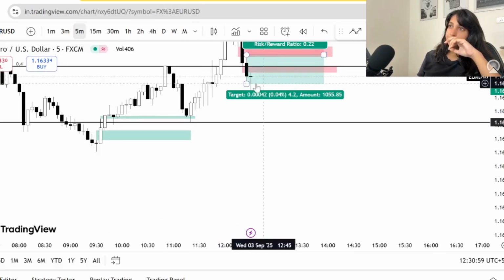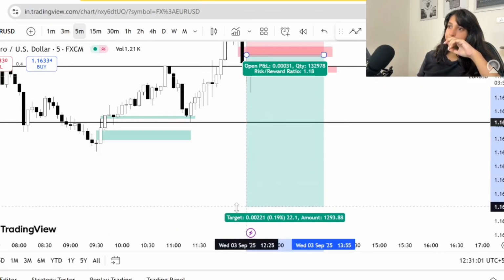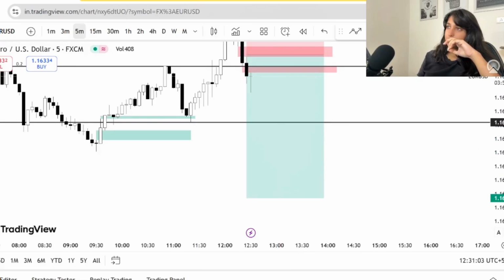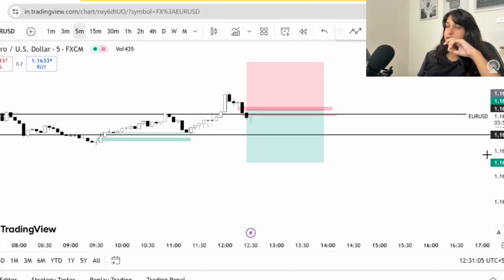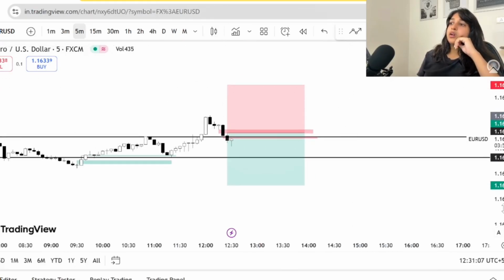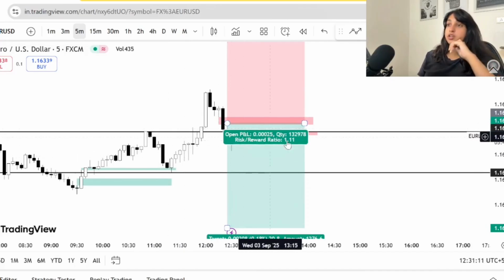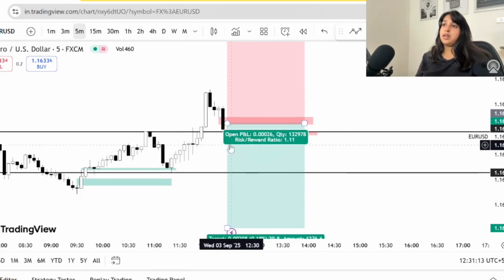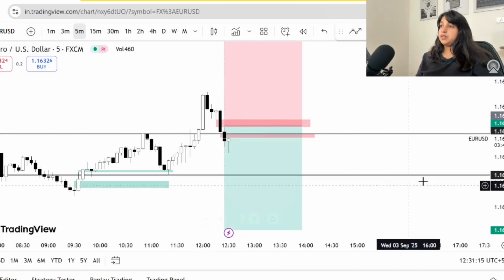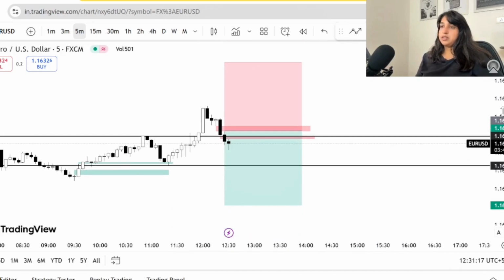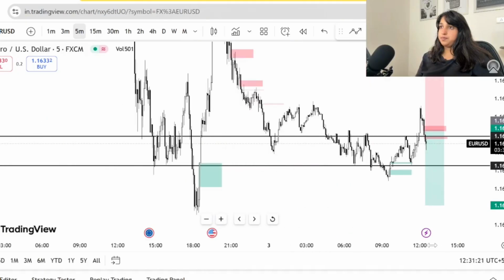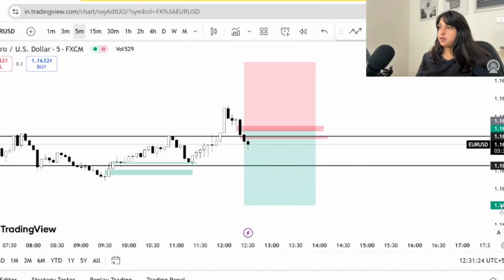If it makes the bearish FVG right over here, we can enter over here. But for now, this is what I can see right now, and most probably we are on the bearish trend.